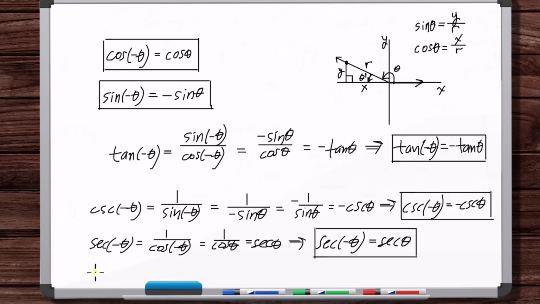Now cotangent of minus theta: we know that cotangent is 1 over tangent, so cotangent of minus theta is 1 over tangent of minus theta.